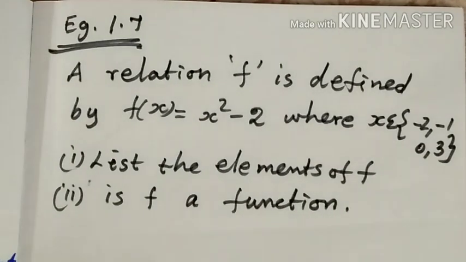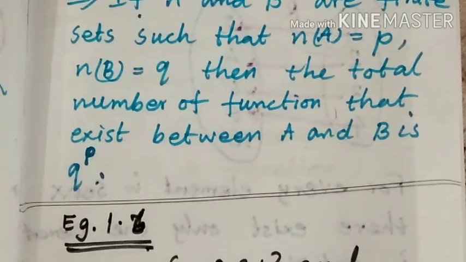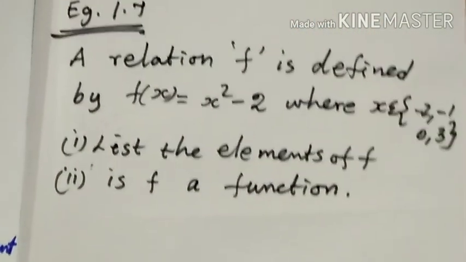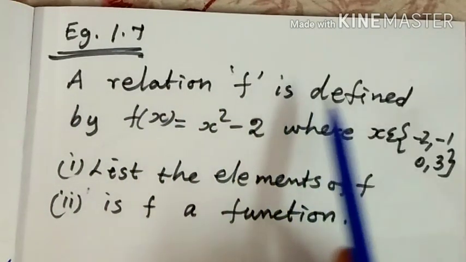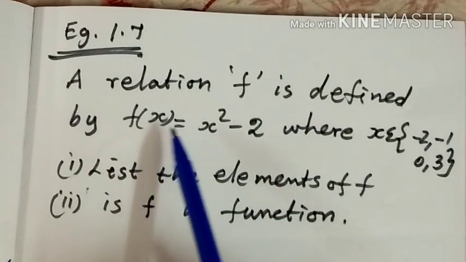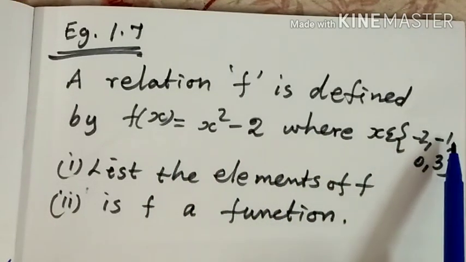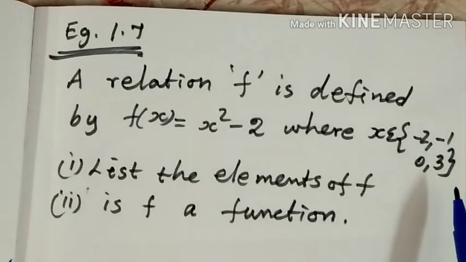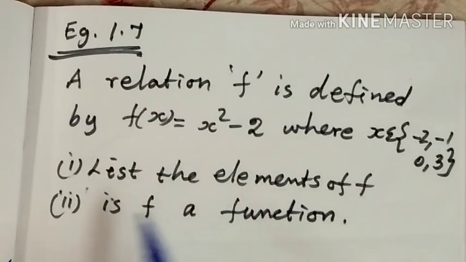Now we move on to the next example, 1.7, previous sum example 1.6. In this sum, a relation f is defined by f(x) equal to x square minus 2 where x belongs to {-2, -1, 0, 3}. Here you have to list the elements of f. Is f a function?